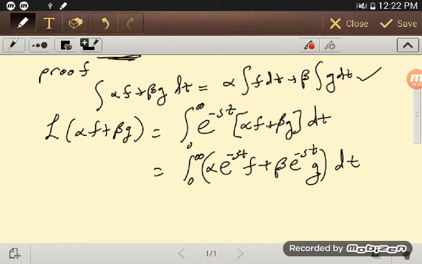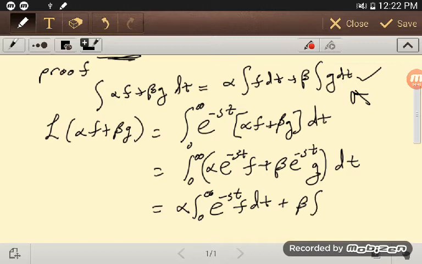I just used that algebra there, and now I go back up and use that property. And so that's alpha times the integral from 0 to infinity of e to the minus st f dt plus beta times the integral from 0 to infinity of e to the minus st g dt.